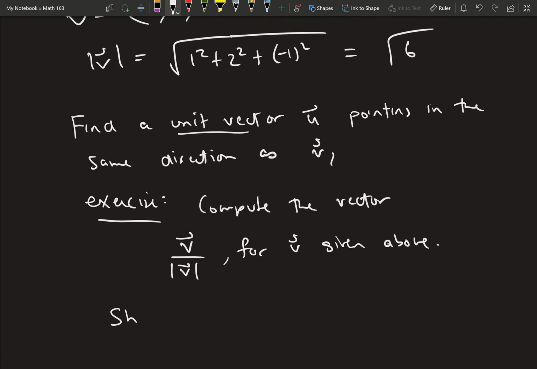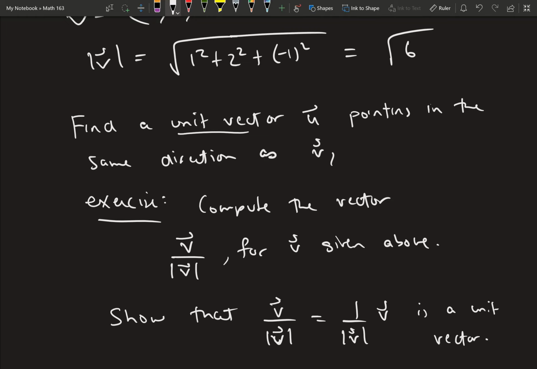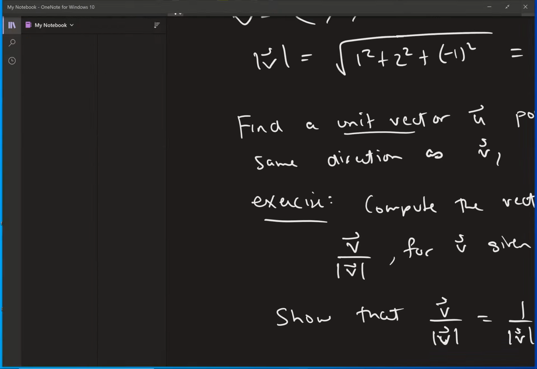Show that v divided by the length of v, which is essentially 1 over the length of v multiplied by the vector v, so it's a scalar multiple of v, is a unit vector. All right, and I'll start with this exercise and do a little more on unit vectors in the next video.